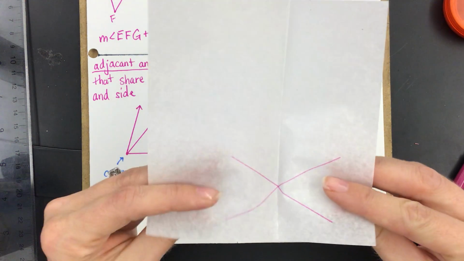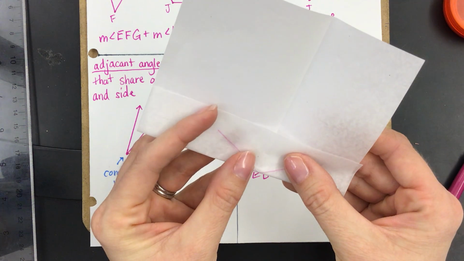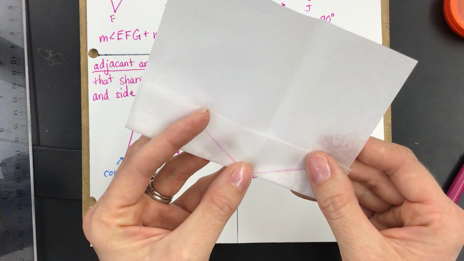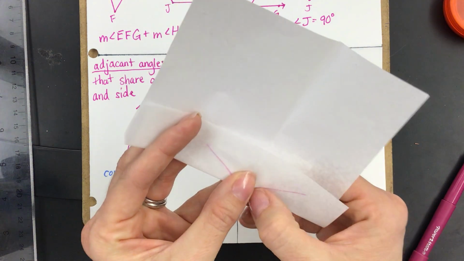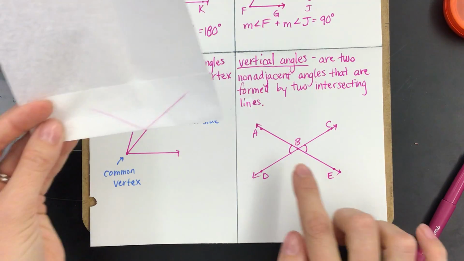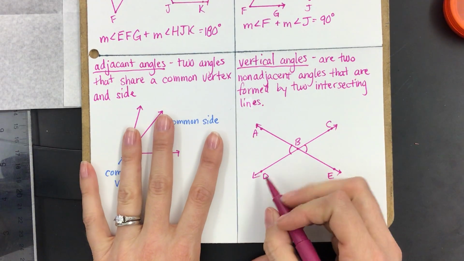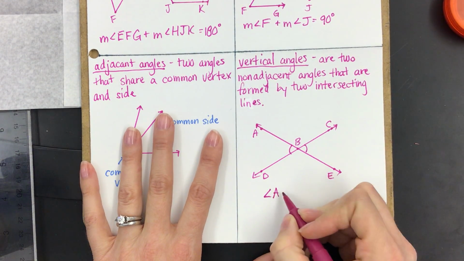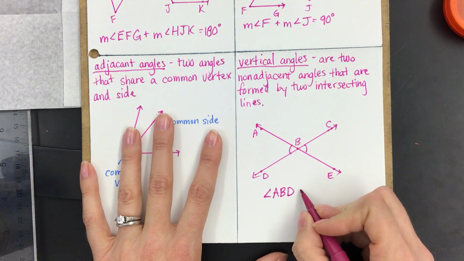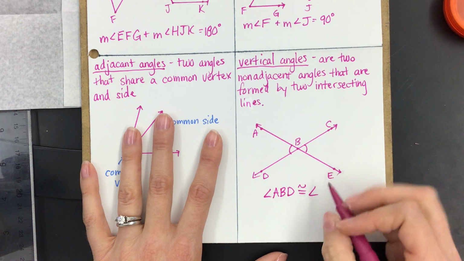I can do the same thing the other way too. If I fold the paper the other way, you can see that this is another set of vertical angles. Another set of vertical angles. But let's just focus on the ones that I wrote here. So we can say angle ABD, so this angle right here is congruent to angle CBE.